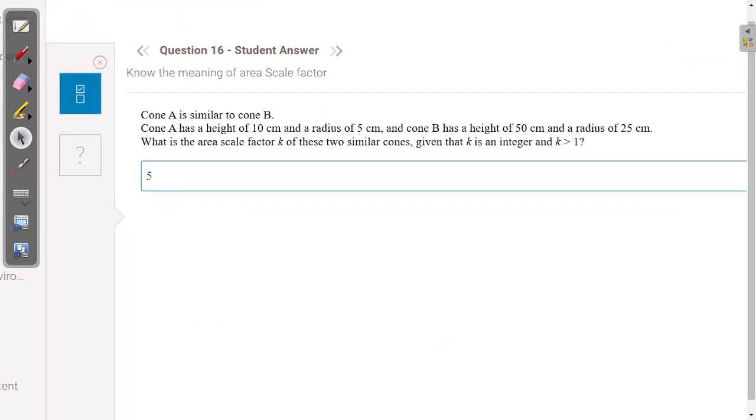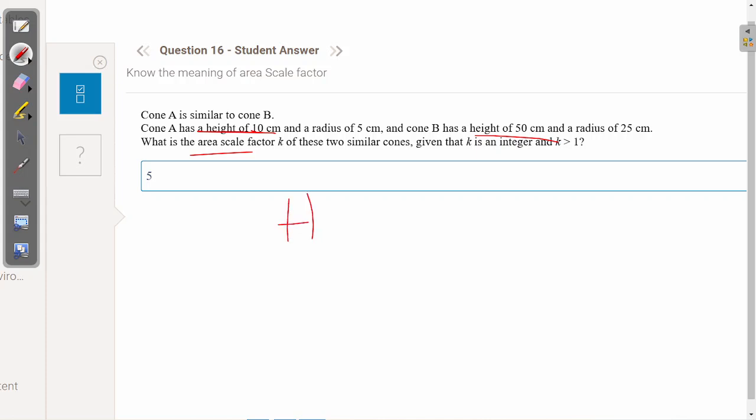Cone A has a height of 10 centimeters and a radius of 5 centimeters, and cone B has a height of 50 centimeters and a radius of 25 centimeters. What's the area scale factor k of these two similar cones, given that k is an integer and k greater than 1? So area scale factor means k squared, right? So let's find k first. We can do height over height.